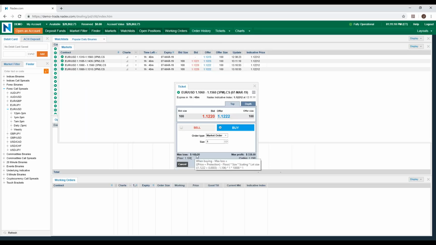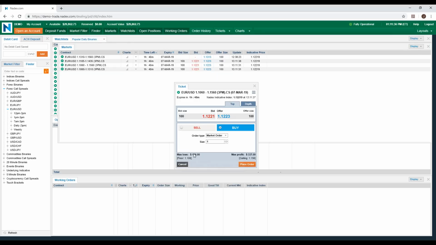Whoa, max loss 165. I don't want to trade that spread because I don't want to have a maximum loss of $165, right? Well, what you have to understand is spreads are not like binaries. It's not all or nothing at expiration. It's $1 a tick, right? Okay.